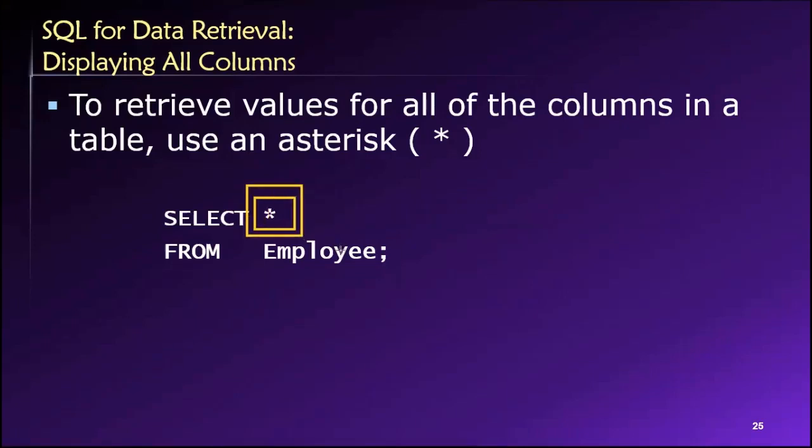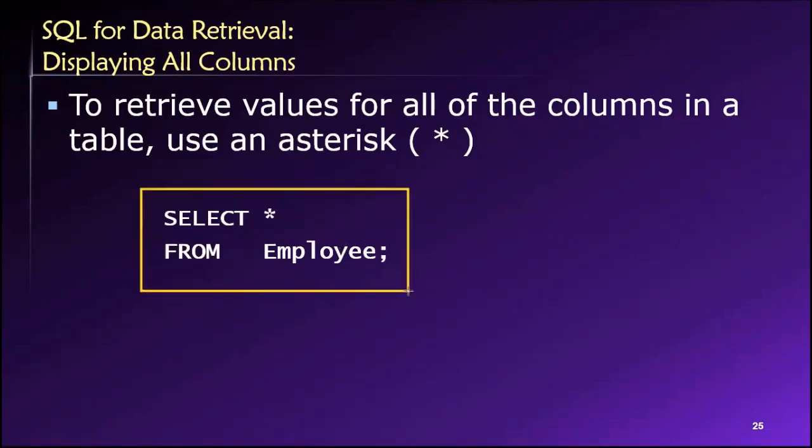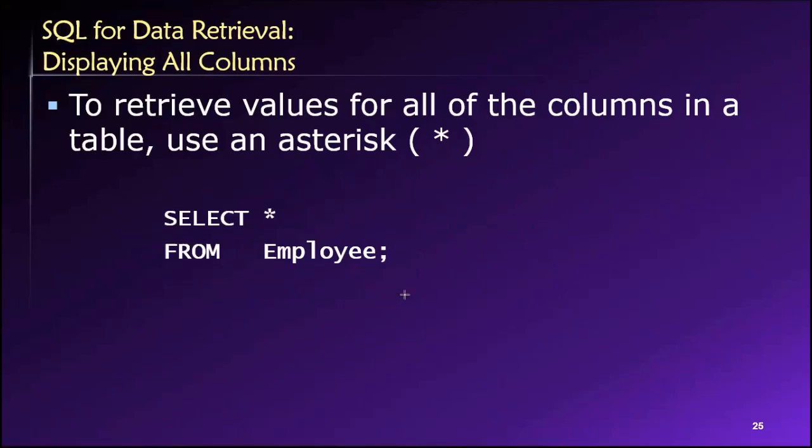This is a shorthand, or shortcut, way of telling the database we want it to retrieve values for every single column in the specified table. So if I run this statement with no where clause, I would get a list of all of the data in the employee table, because this means all columns, and there's no where clause, so this will retrieve all rows as well.